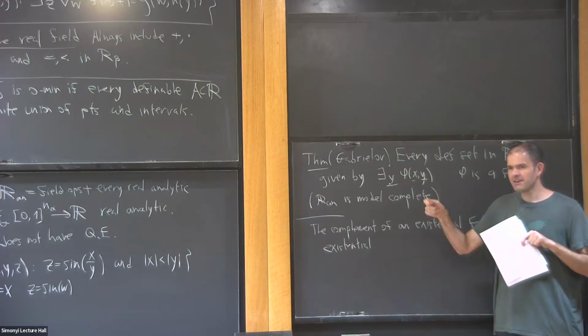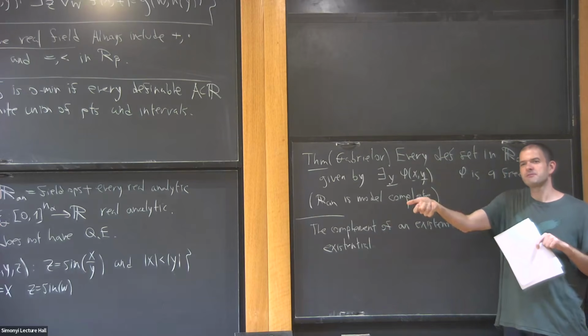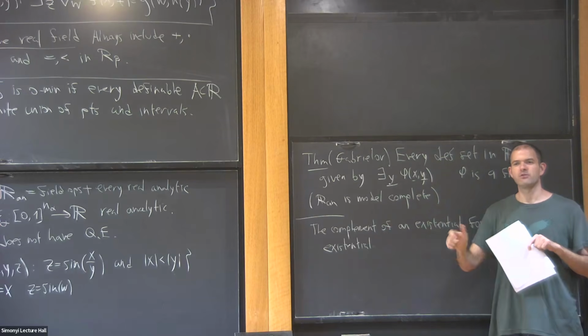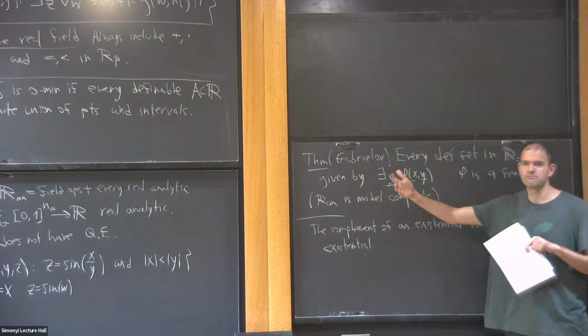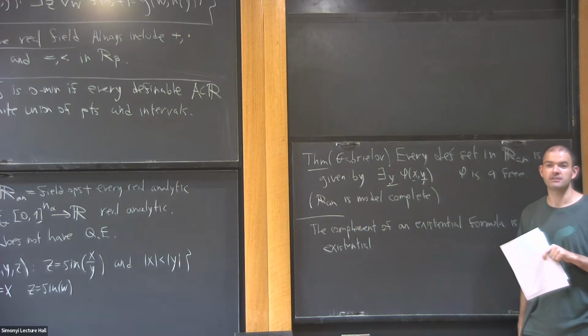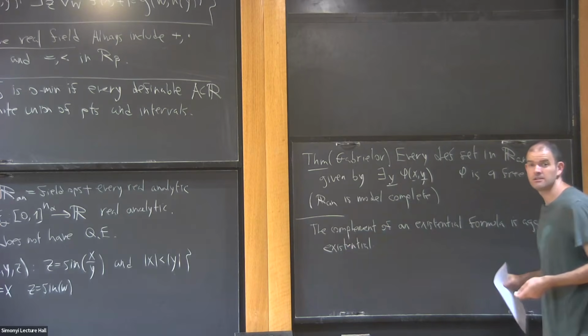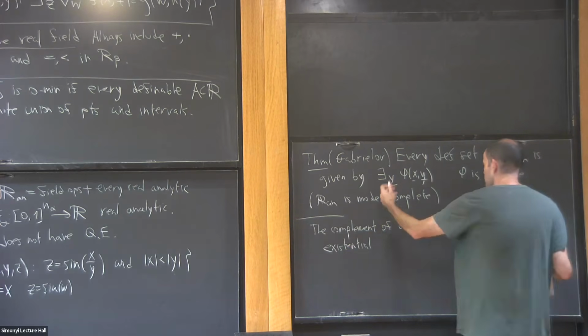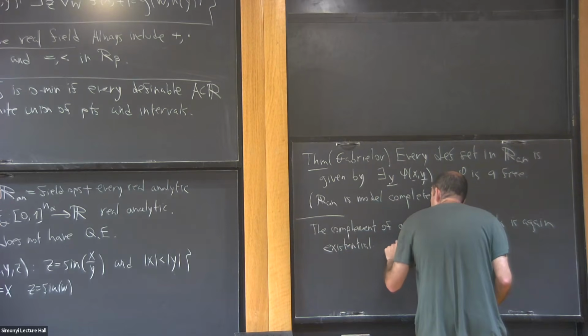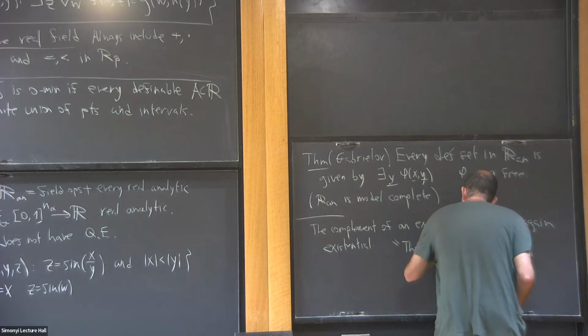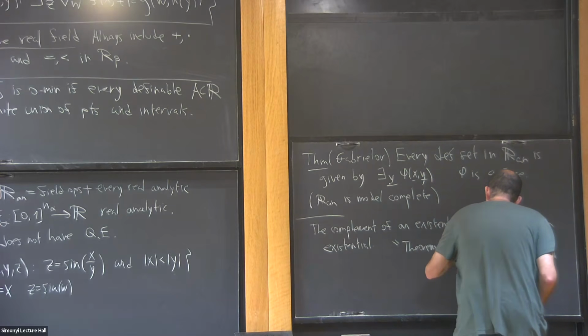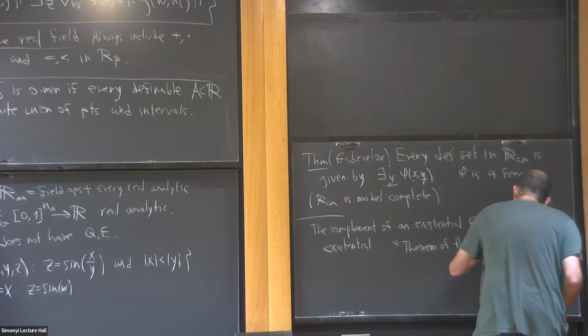And whenever you have a complement before an existential quantifier, you can get rid of it by this theorem, and then eventually you'll end up with just existential formulas. Okay, so this is maybe the more classical formulation, and this is why this is called Gabrielov's theorem of the complement.